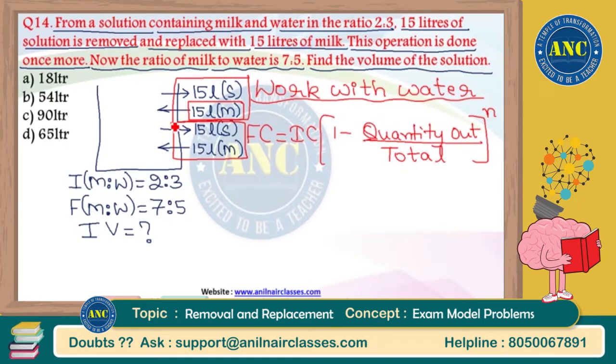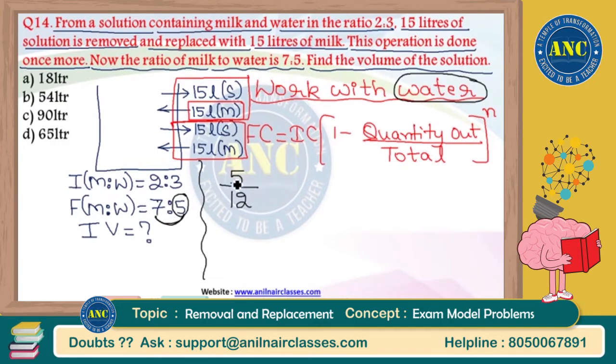There are so many questions which we have solved yesterday using this, sir. People who have attended yesterday will have an edge over people who have not attended yesterday. Now see here, listen carefully. Final concentration, first thing is, I know that I should work with water in this question. Now, final concentration. What is the final ratio of milk and water? 7:5. That means out of total 7 plus 5, which is 12 liters, 5 liters belongs to water.